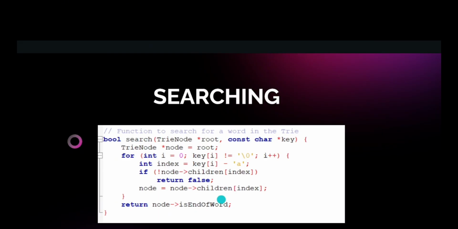So if all characters exist, we reach the final node. Now we check the end of word flag here. This returns true only if the final node is marked as the word's endpoint. This prevents false positives, so a prefix like car doesn't match cart.